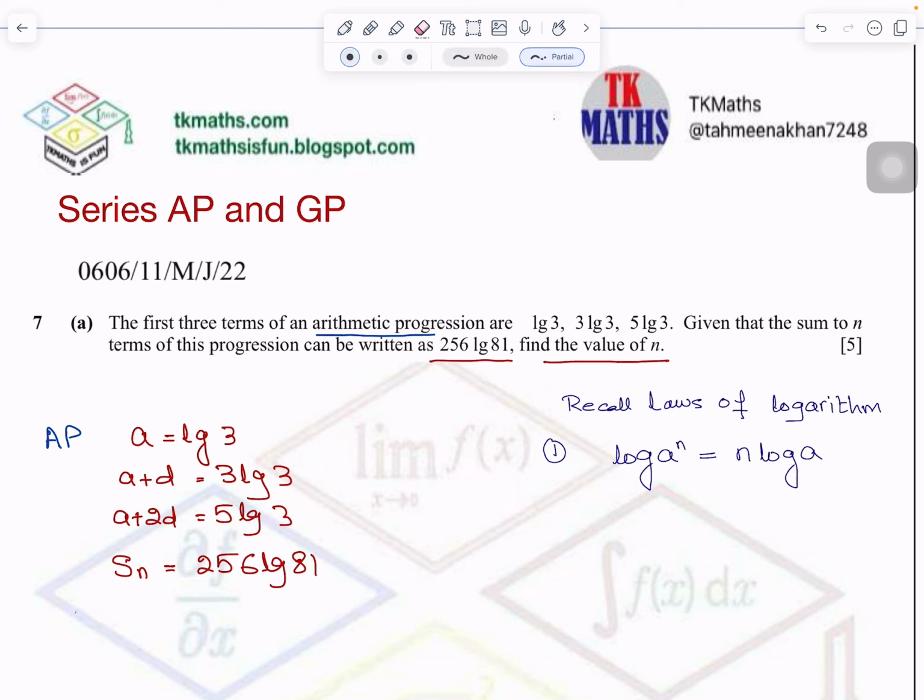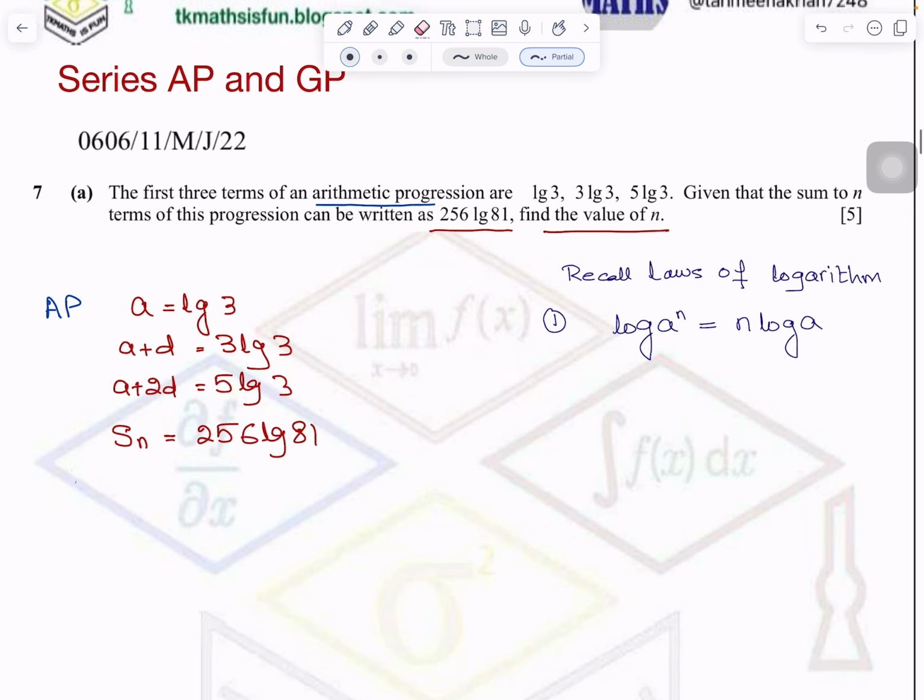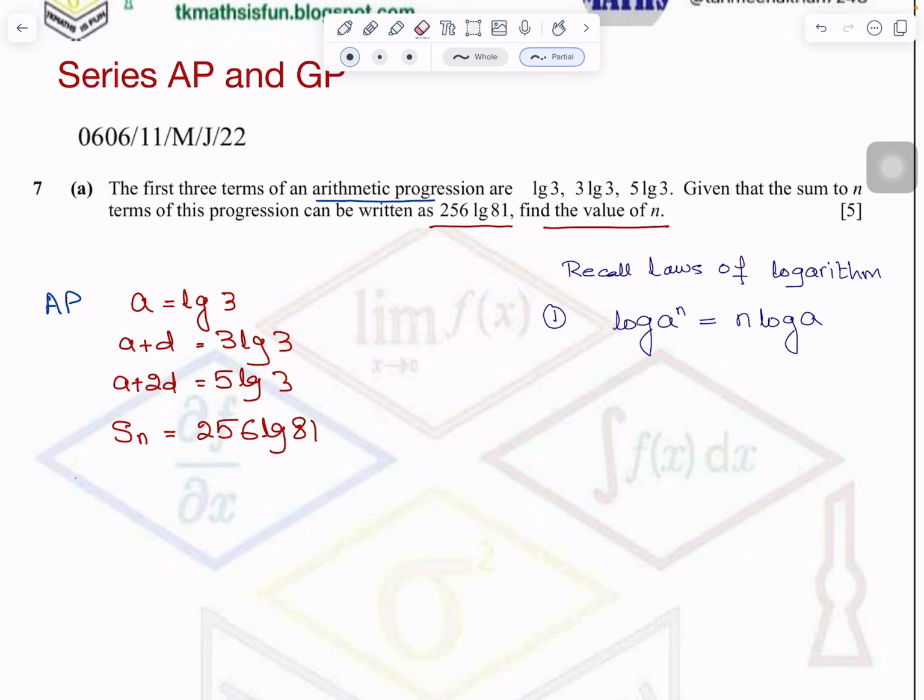So now this is the arithmetic progression, and I have to make an equation to solve this question. So what can I make here? This is given to me here, right? And I know that the sum formula is Sn equals n over 2 times (2a plus (n minus 1)d).